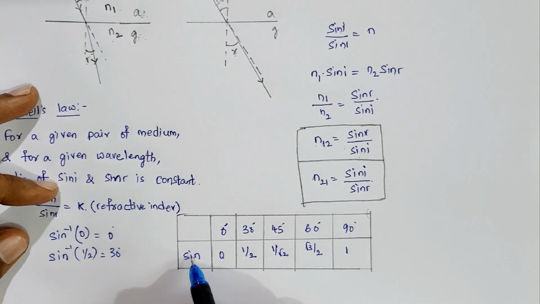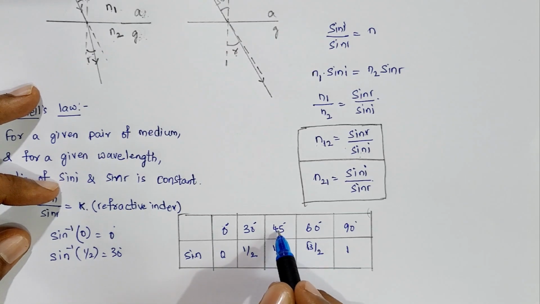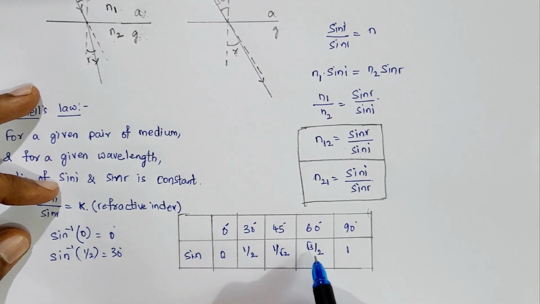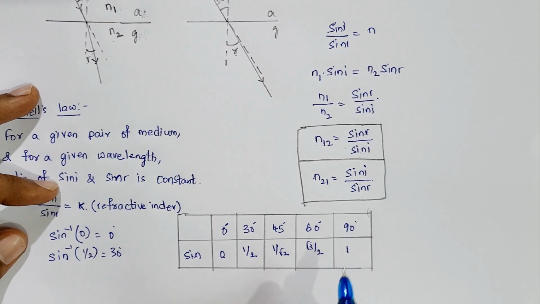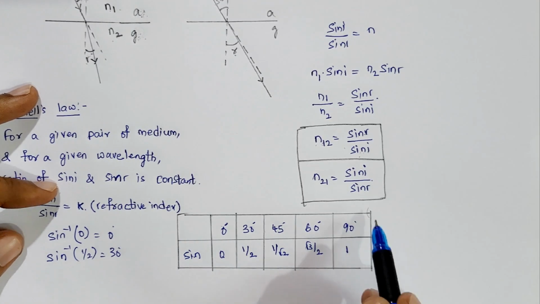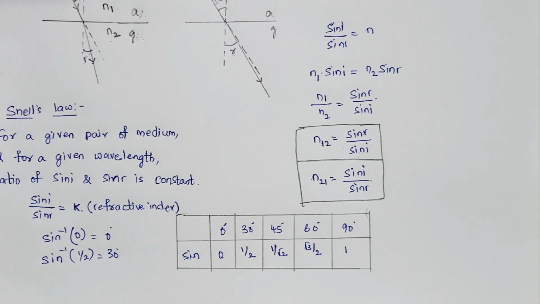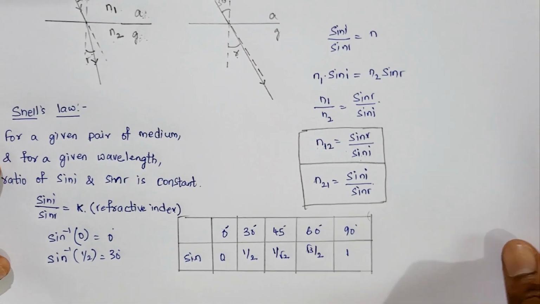Like that, sin inverse of 1 by root 2 is 45 degrees. Sin inverse of root 3 by 2, 60 degrees. Sin inverse of 1, 90 degrees. This tabular column must be there in your mind. Then only you can solve any problem on refractive index that is being solved using angles. Okay? Now let us solve some problems.